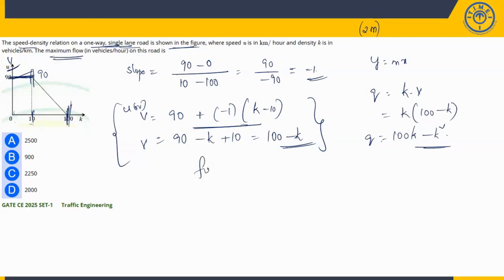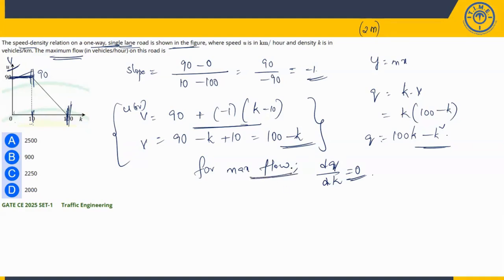For maximum flow, dq by dk equal to 0. For maximum value of y, dy by dx is 0. For maximum value of theta, d theta by dx is 0.